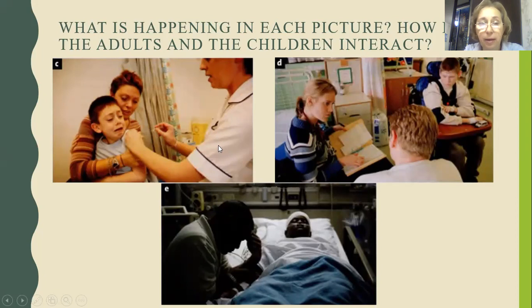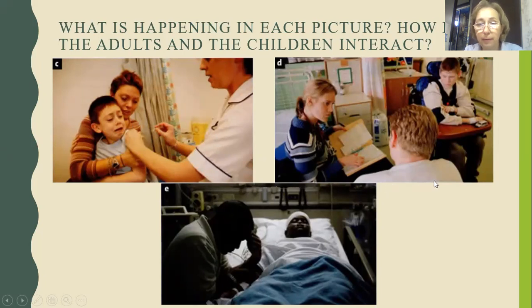He sees a syringe and he is scared. Okay. And what about his mother? What is she doing? She is holding her son, and maybe she's encouraging him. Yes, exactly.